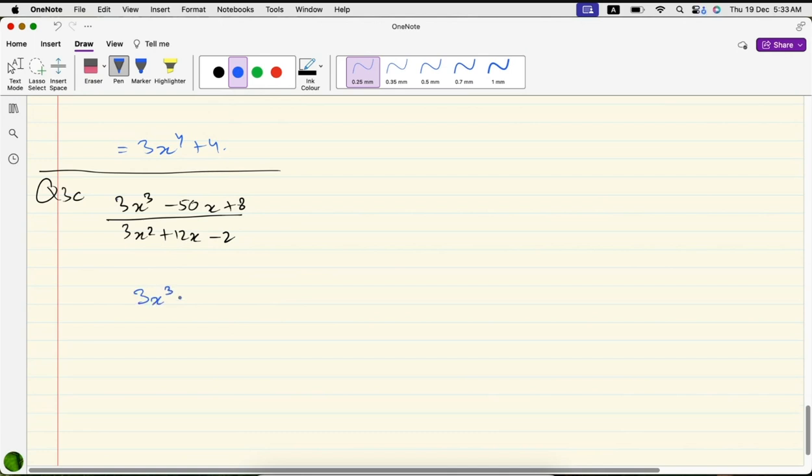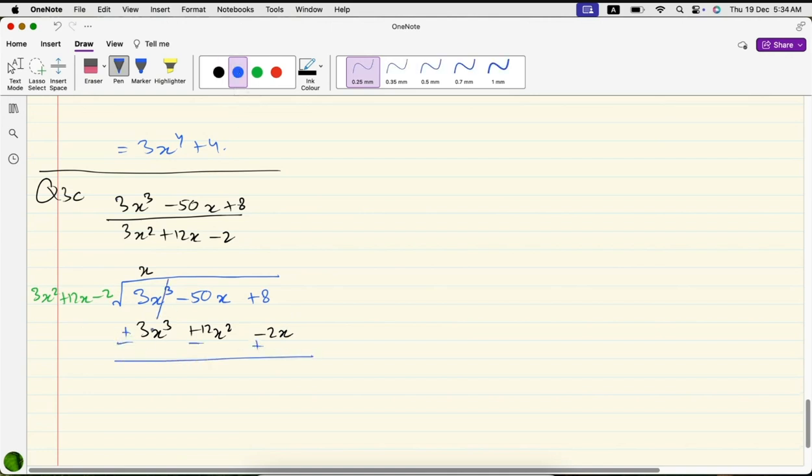3x cubed minus 50x plus 8, divided by 3x squared plus 12x minus 2. So the first one first is into x. You get 3x cubed, 12 into x is 12x squared, minus 2 into x is minus 2x. Changing the signs, cancel out.